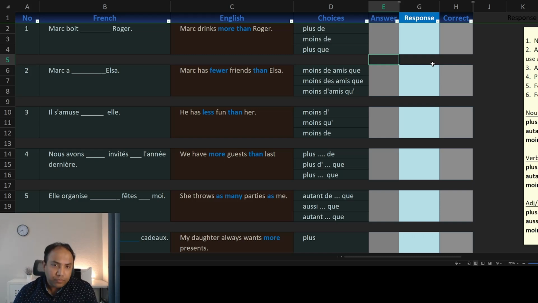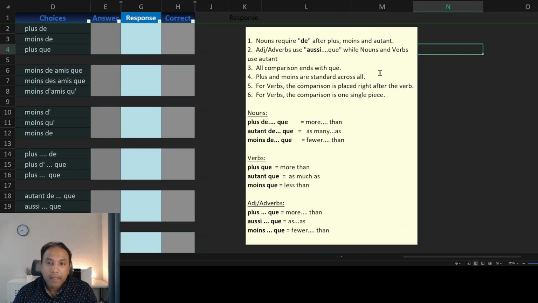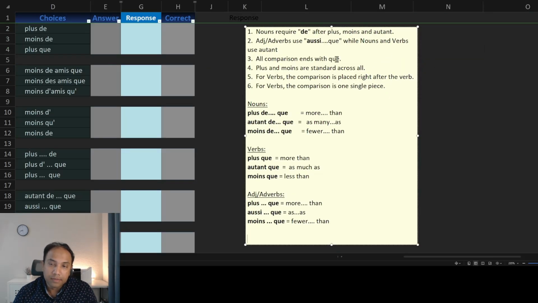So the first question, Mark drinks more than Roger. Mark boit plus de or plus que. It's definitely not moins de. So if you look at the rules, all of the "more than" forms end with que, and nouns will have de.